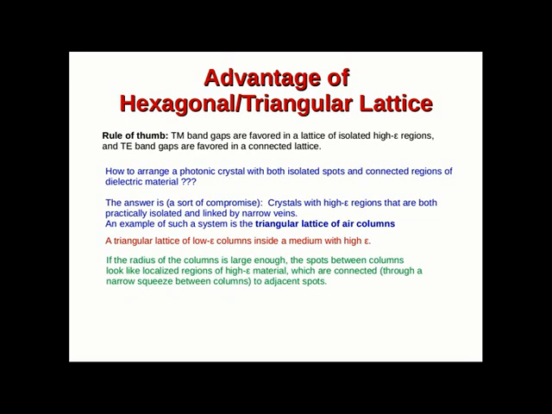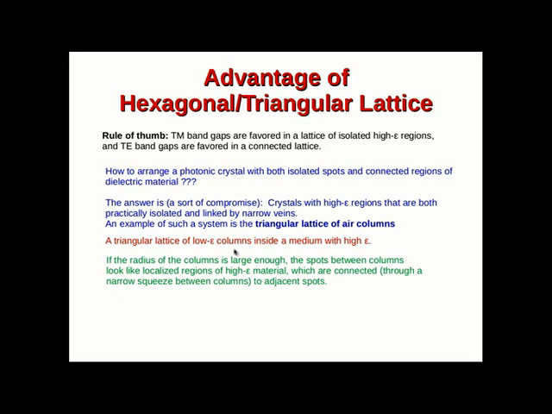So if we can come up with something intermediate between these two, it can have characteristics of both. A triangular lattice of air columns is one such design.